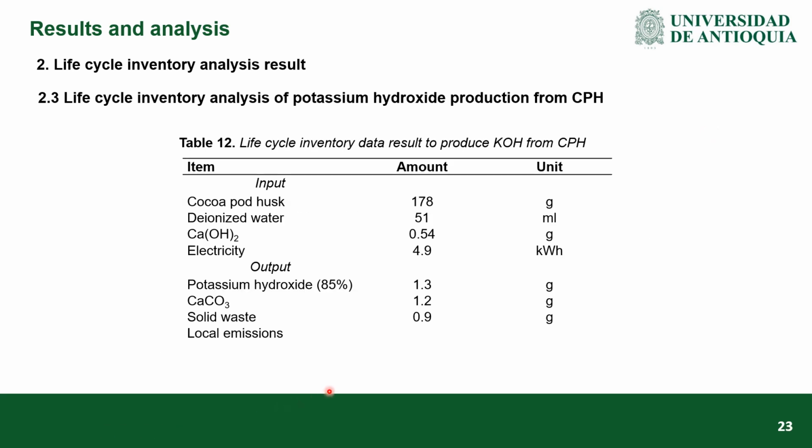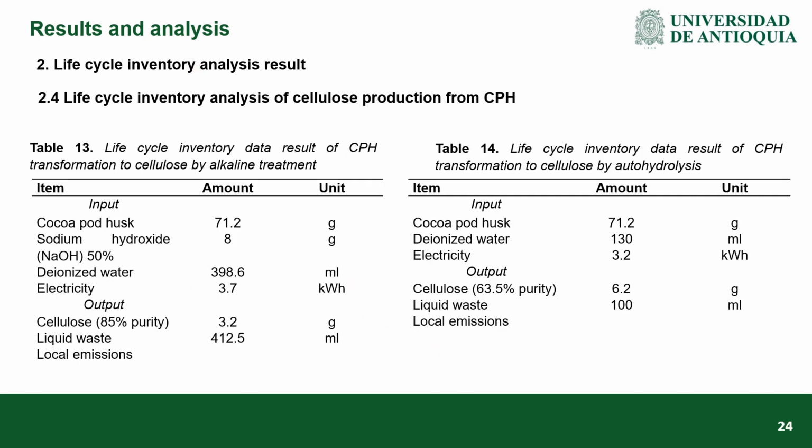Table 12 shows the results to produce potassium hydroxide from CPH. Tables 13 and 14 show the results of amounts of inputs and outputs to produce cellulose by alkaline treatment, as we can see here, and to produce cellulose by the autohydrolysis process.